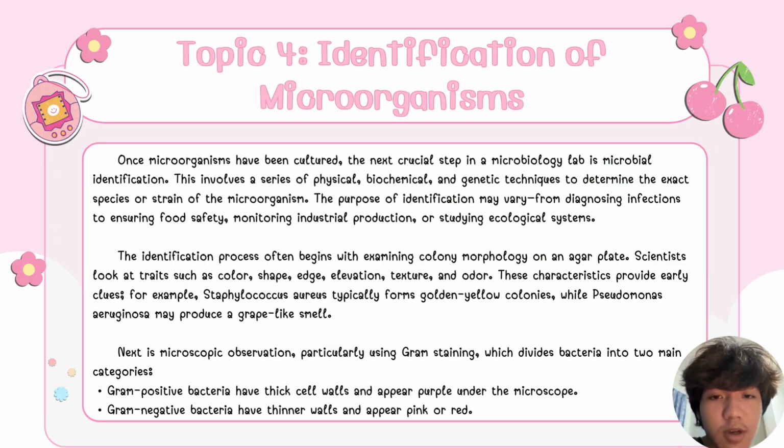Now let's move on to topic 4, identification of microorganisms. Once microorganisms have been cultured, the next crucial step in a microbiology lab is microbial identification. This involves a series of physical, biochemical, and genetic techniques to determine the exact species or strain of the microorganism.